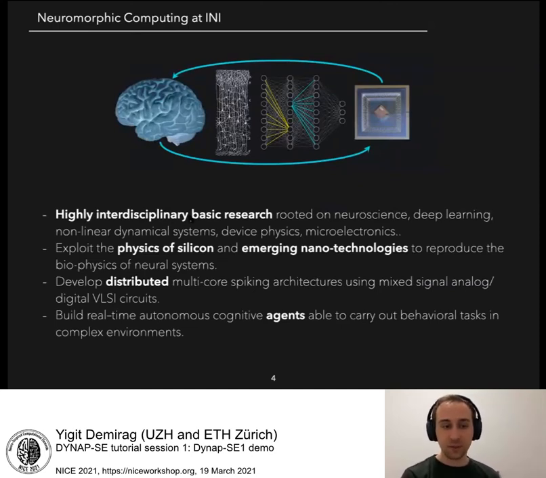We do interdisciplinary basic research with more than 100 people, including experimental and theoretical neuroscientists, engineers that work on analog and digital design, device modeling, nanofabrication, also mathematicians who work on nonlinear dynamical systems, and so on. And we try to use the real physics of the silicon and emerging new memory technologies, including memristors, to reproduce an efficient implementation of the neural networks on the substrate.